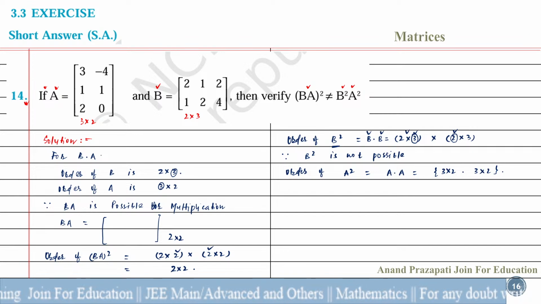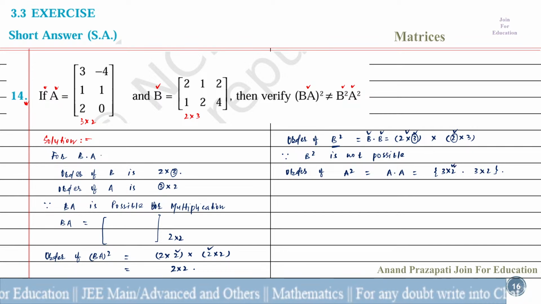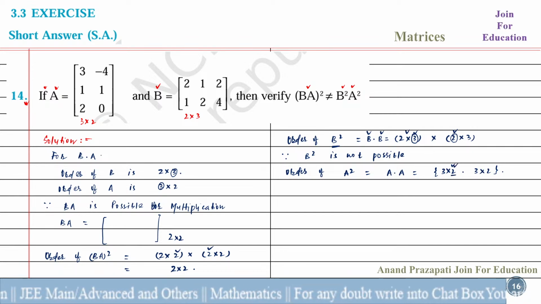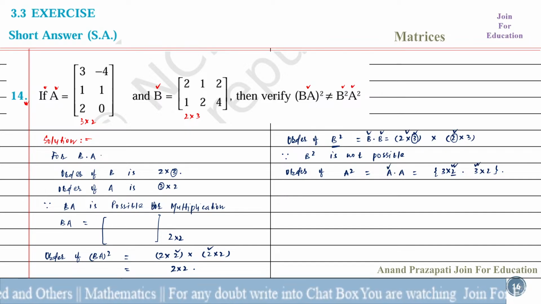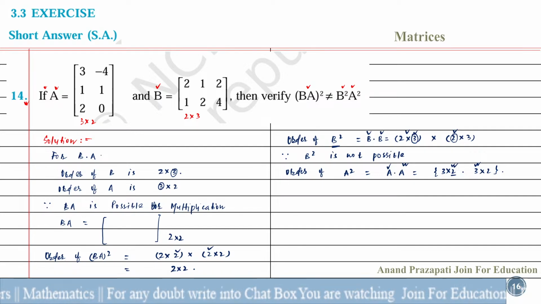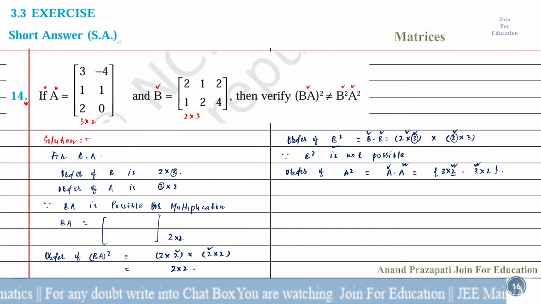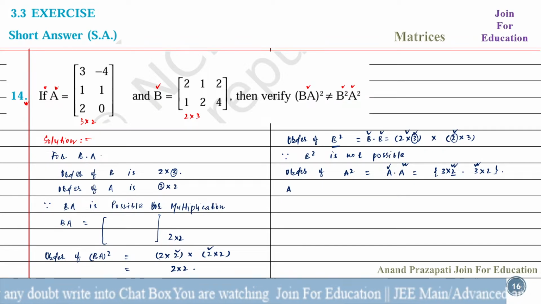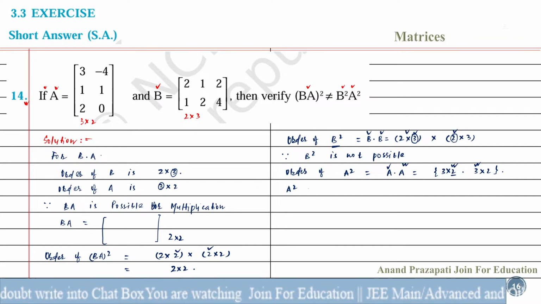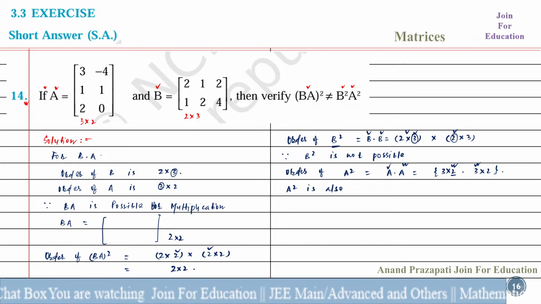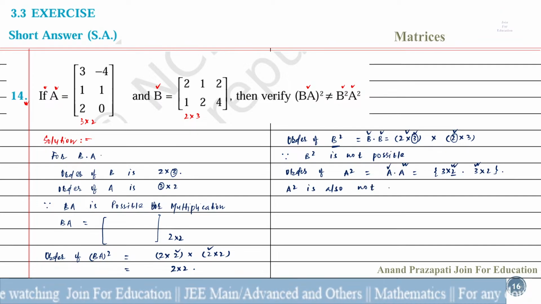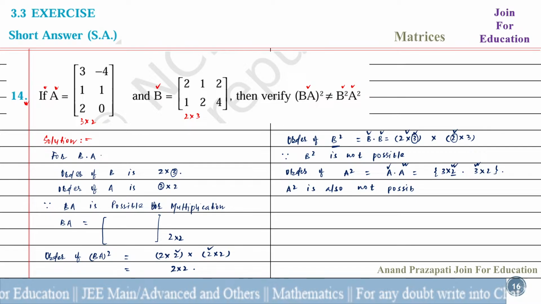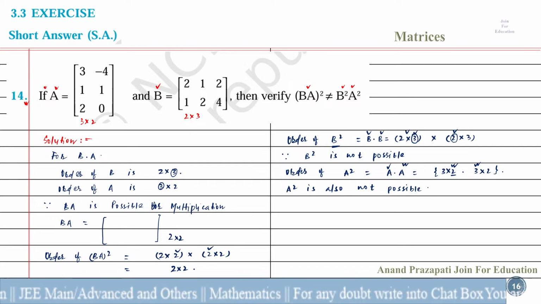So if you consider about this one, then here column of this one is not equal to the row of this one. In that case, A square is also not possible.